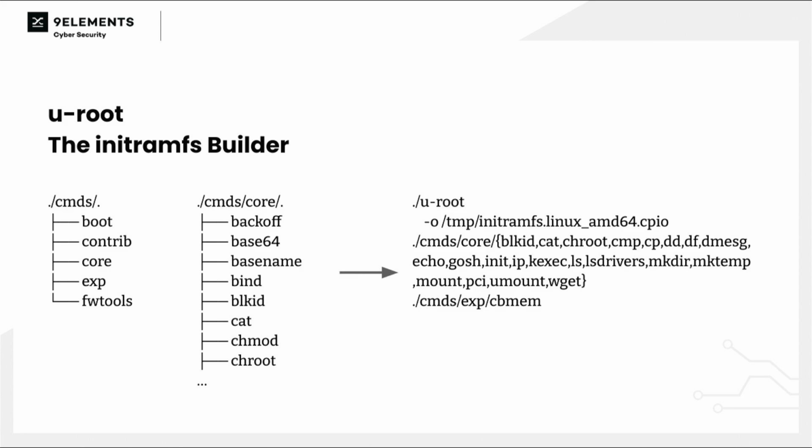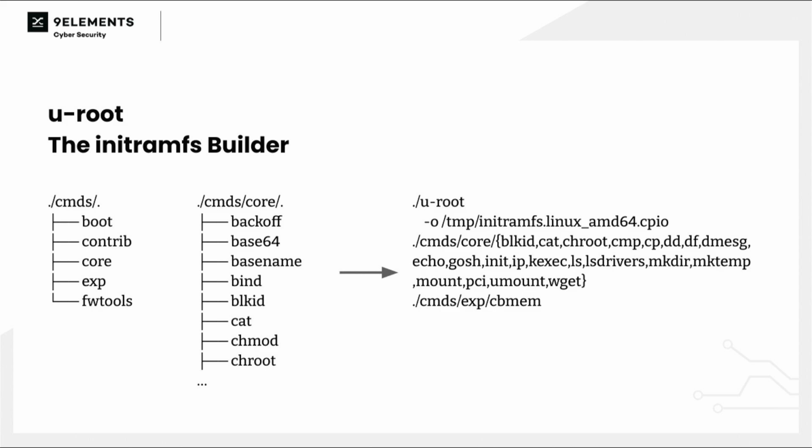If you download the U-root repository, you will find a commands folder, and in that folder you will find boot commands and core commands and these kinds of things. In the core commands we implemented cat, cp, chroot, bind, and so on and so forth. Everything that you could potentially need.